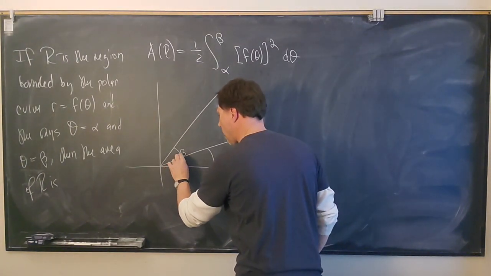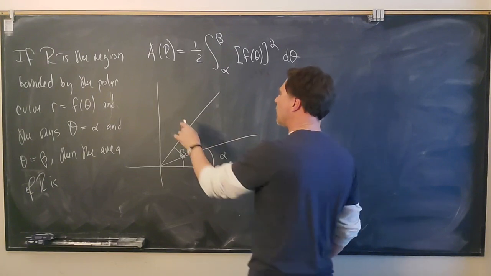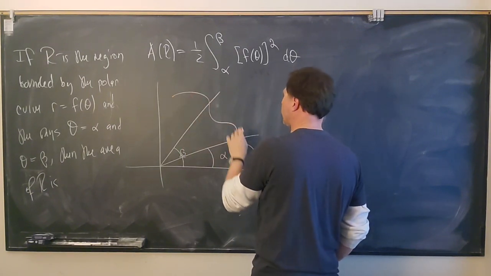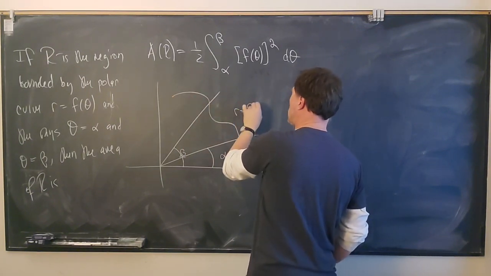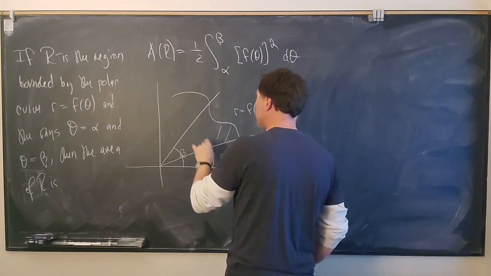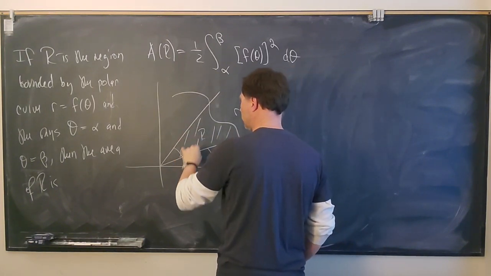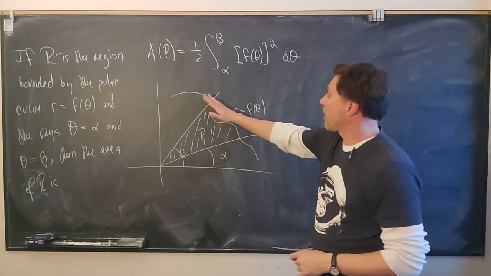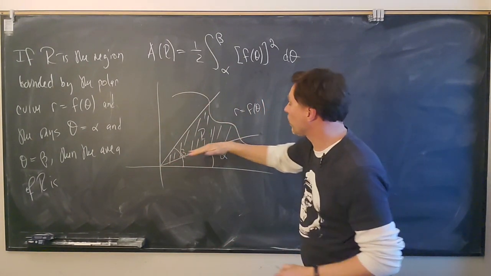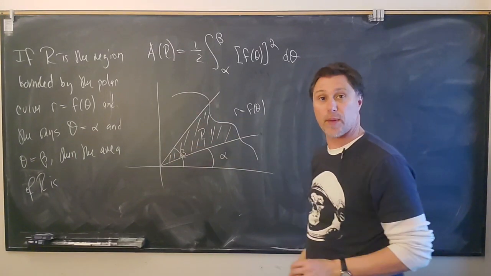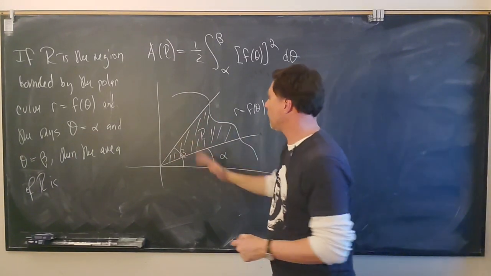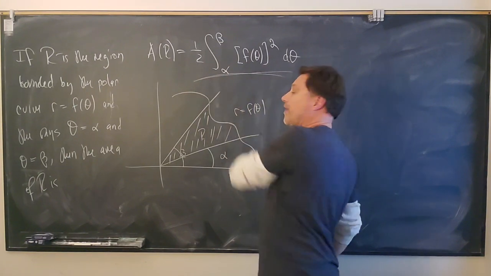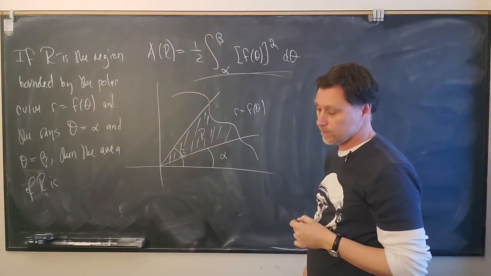And then we have some polar curve, r equals f of theta. So the region that we're talking about, R, is this shaded stuff here. It's bounded by the polar curve and the two rays, theta equals alpha and theta equals beta. And if you want to find the area of R, this integral computes it for us.